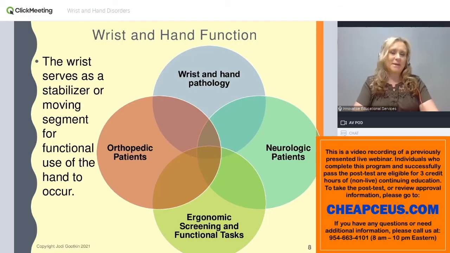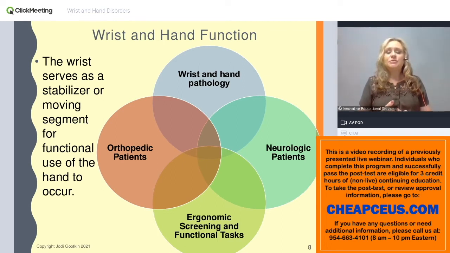We're going to be examining closely wrist and hand function and the different pathologies that impact this region of the body. I want you to consider, as we're discussing this today, not only those patients who present with specific wrist and hand pathologies, but also individuals who have neurologic pathologies where maybe their hand dominance has now had to change, and they might develop a pathology because they're using their non-dominant hand.